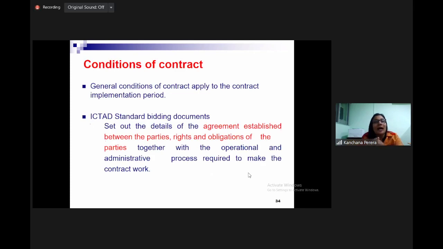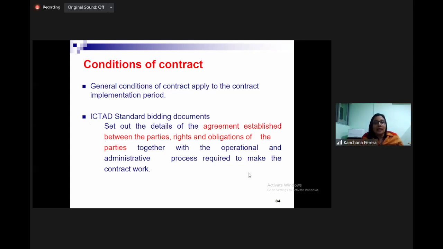This is the part which details the what? It sets out the details of the agreement established between parties, rights, obligations of the parties. So in the conditions of contract, there are a number of conditions. When it comes to variations, you refer to one clause. When you come to insurance, we refer to one clause.